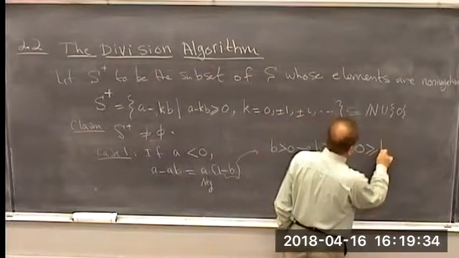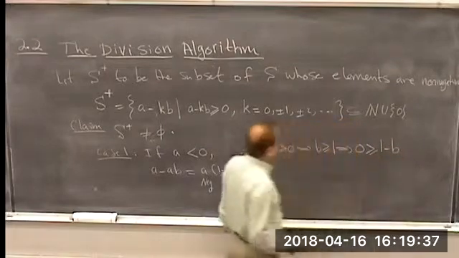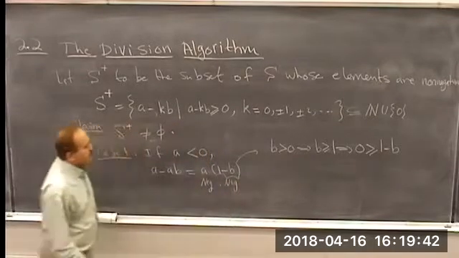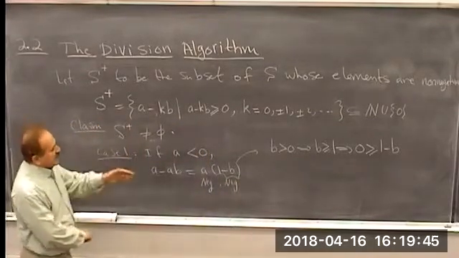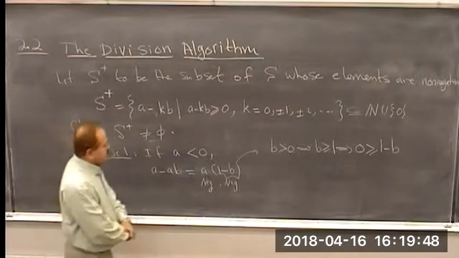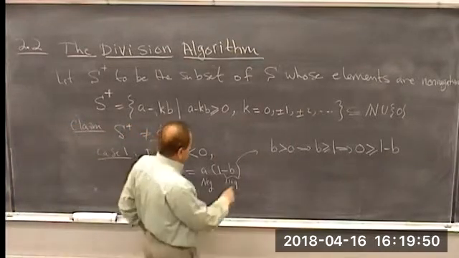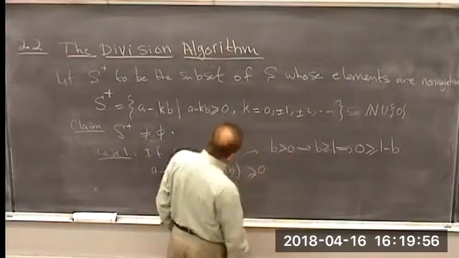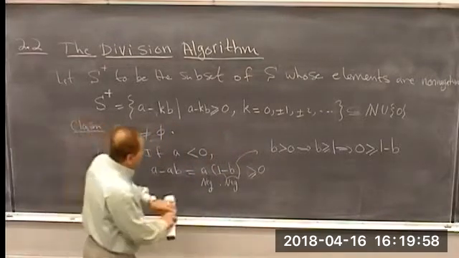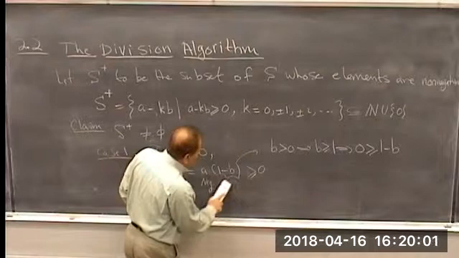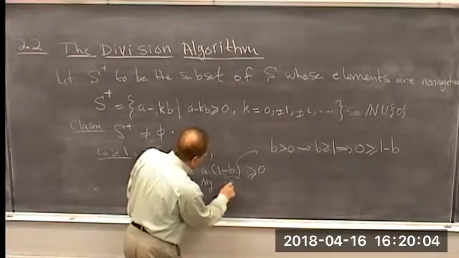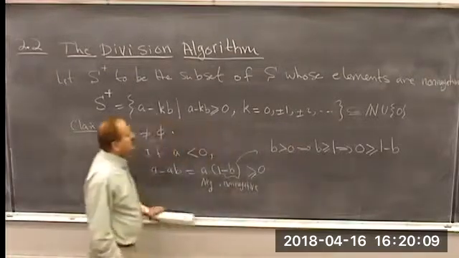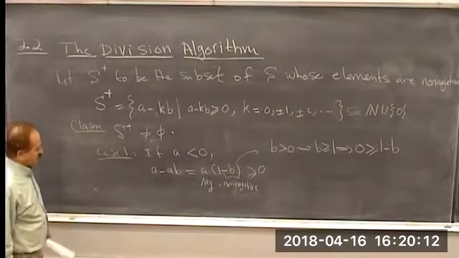So 1 minus B is also negative, and we have a negative times a negative, which is non-negative. It could be equal to 0 if B is equal to 1. So at the end, this is bigger than or equal to 0.